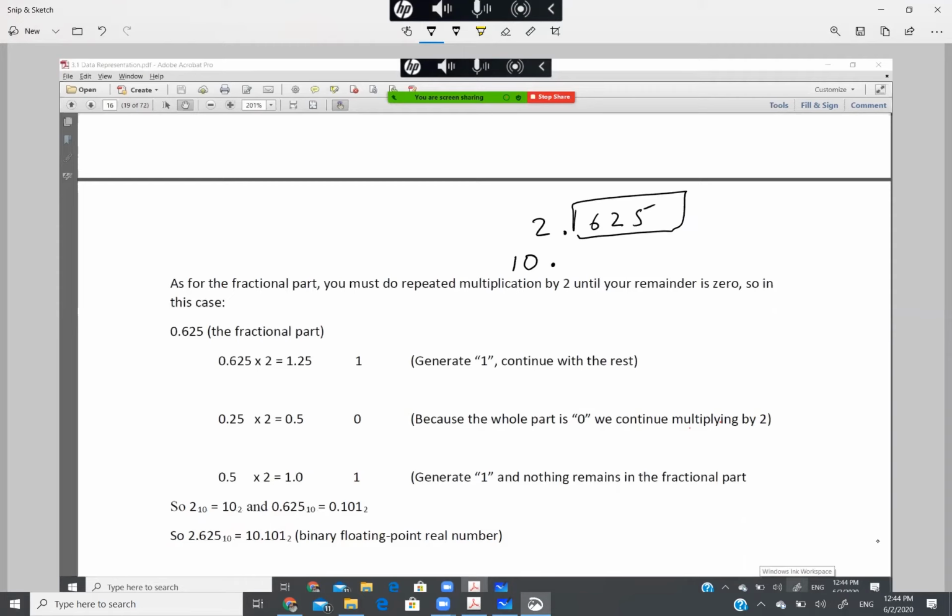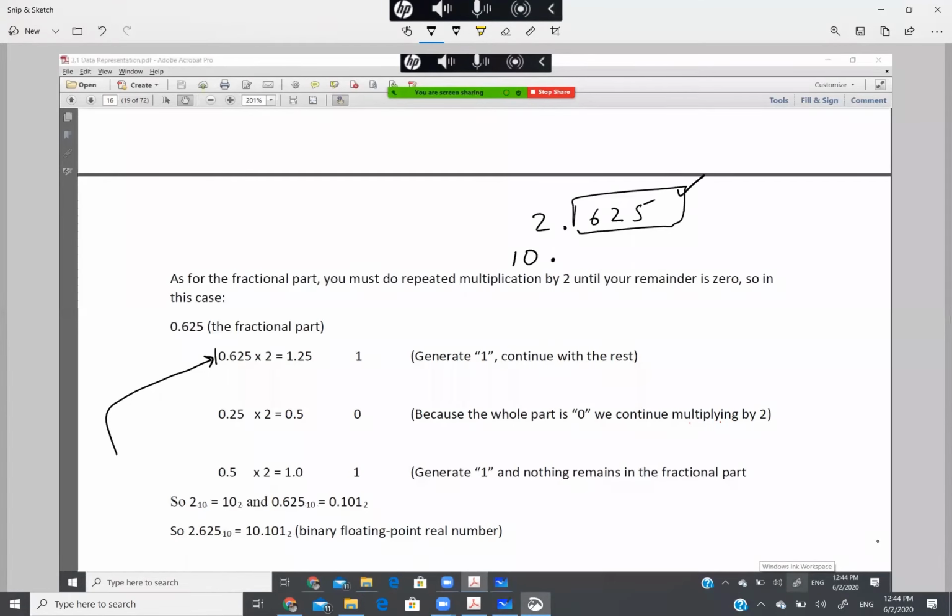The method that has been shown here: you multiply this 0.625, the remaining portion, with 2 every time. Once you multiply this with 2, you get an answer like this. If it's like 1 point something, you take the 1 and you multiply the rest of the portion with 2 again.